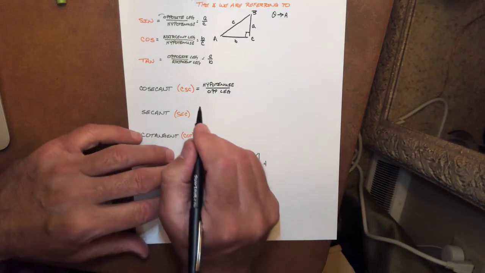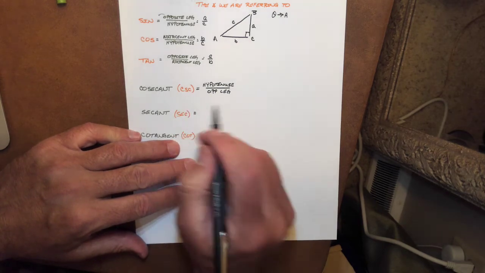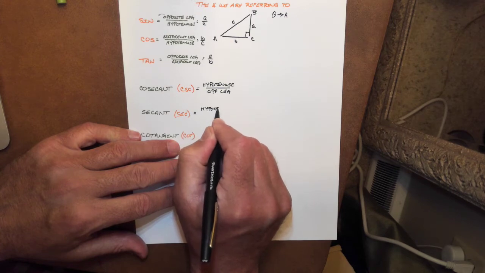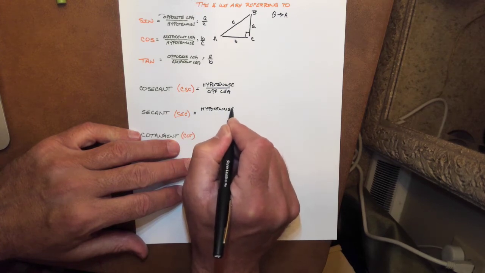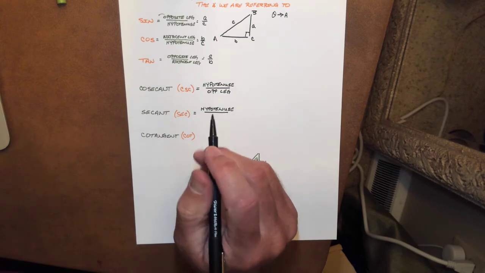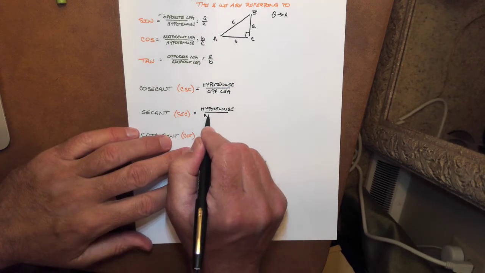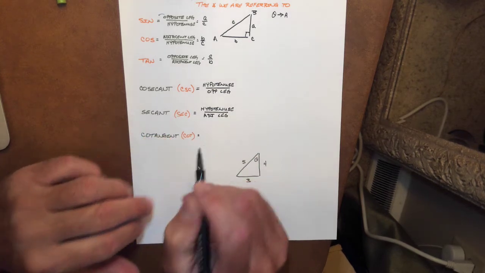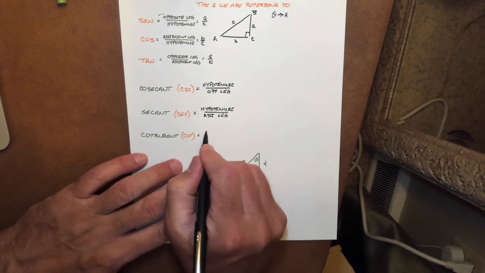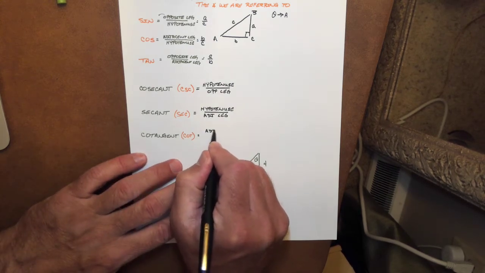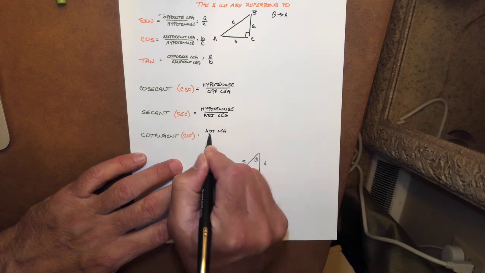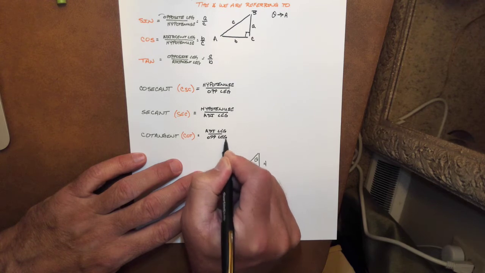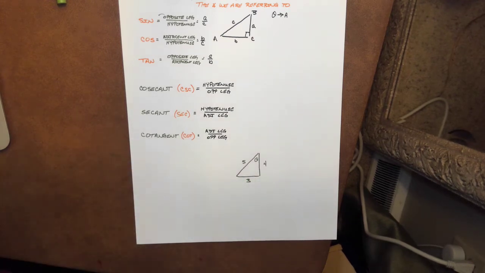Secant will be defined as, and you can see they got the abbreviations in orange, hypotenuse over adjacent leg. And cotangent will be adjacent leg over opposite leg. And I believe some of you intelligent folks have already figured some things out there.